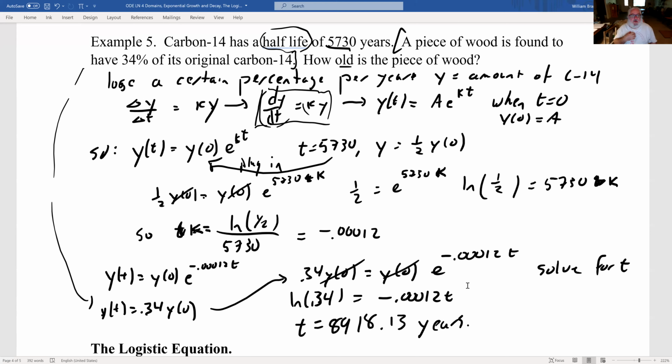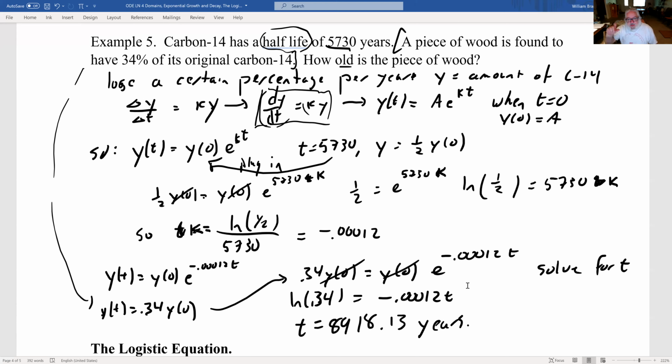But when you die, you no longer bring in carbon-14, right? Your corpse isn't going to be bringing in any more carbon-14, and so that proportion of carbon-14 to carbon-12 is going to start decaying because the carbon-14 starts decaying.